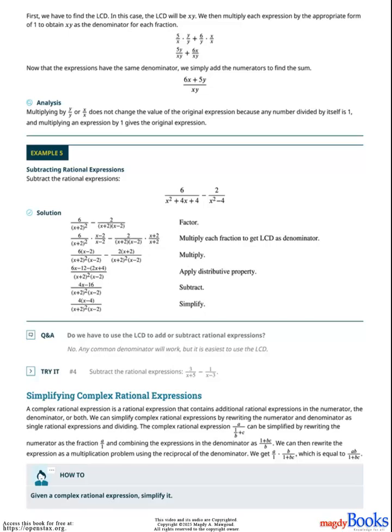Multiply: (6x − 12 − (2x + 4))/((x + 2)²(x − 2)). Apply the distributive property: (4x − 16)/((x + 2)²(x − 2)). Subtract: 4(x − 4)/((x + 2)²(x − 2)).